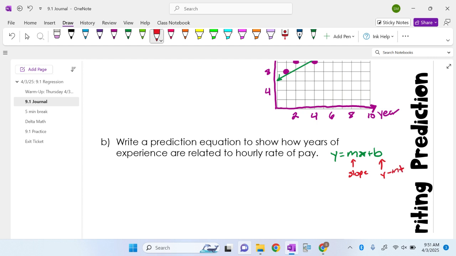Now, does anyone remember how to find the slope using 2 points, if we're not given the graph? You're so close. X2 minus x1, and then y2 minus y1.